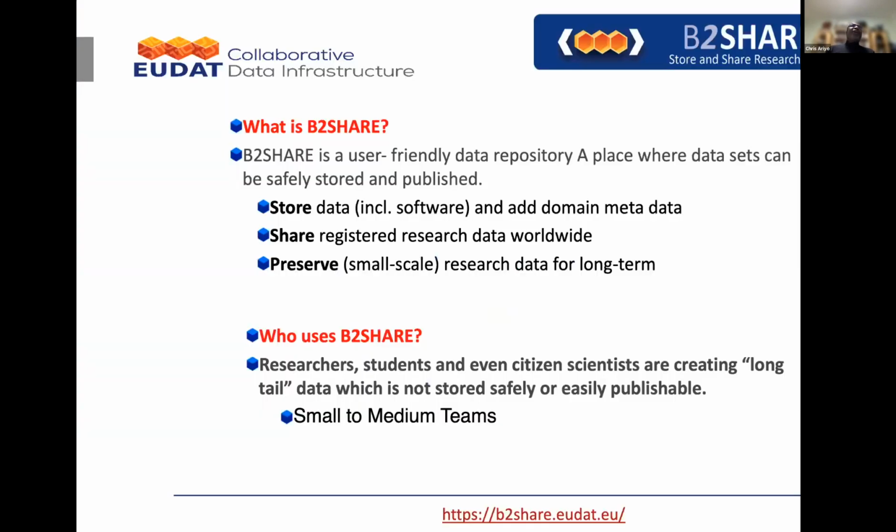So what is B2SHARE? B2SHARE is a user-friendly repository where you can store data, share it, and then preserve it on a small scale for a much longer time. Who can use B2SHARE? B2SHARE is meant for researchers, students, citizen scientists, as well as small teams and communities.